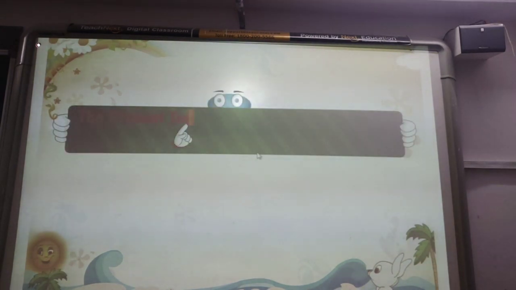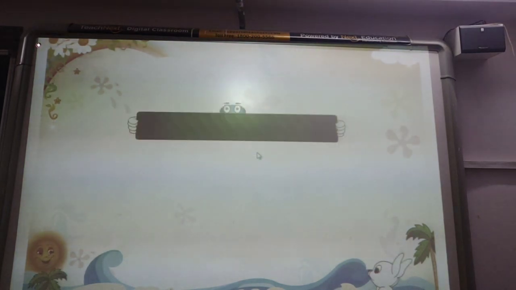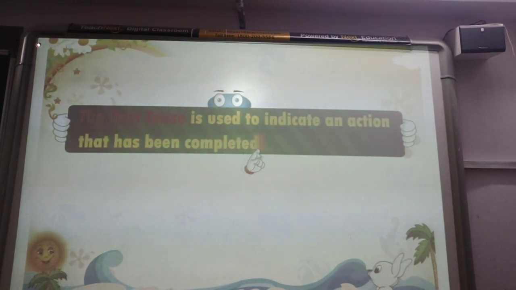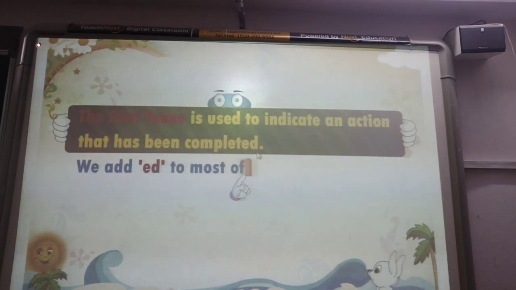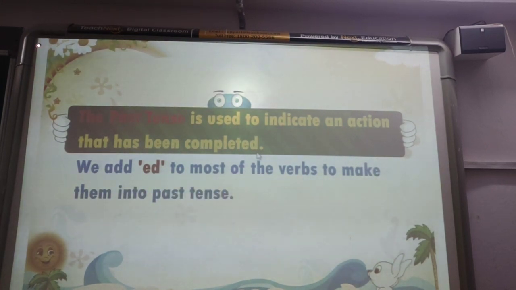The present tense indicates the present time when an action is taking place. The past tense is used to indicate an action that has been completed. We add ed to most of the verbs to make them into past tense.